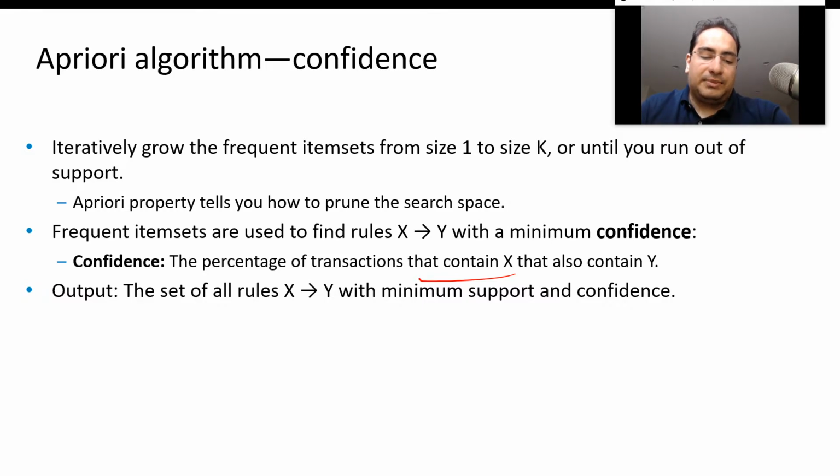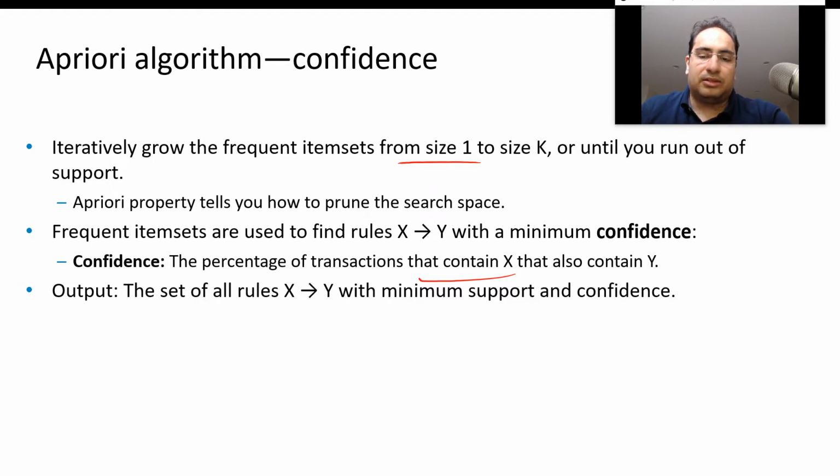The algorithm's search space is as follows. We have talked about this algorithm a few times. What we usually do to find these rules is start by looking at the data set and creating item sets of size 1, like milk and bread only. Then we combine them and see if we have milk and bread together as well.